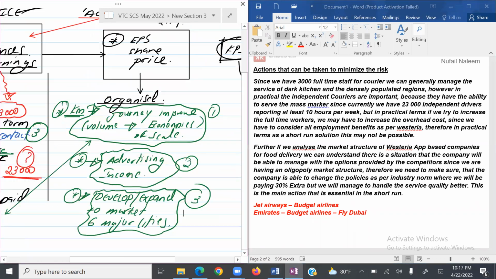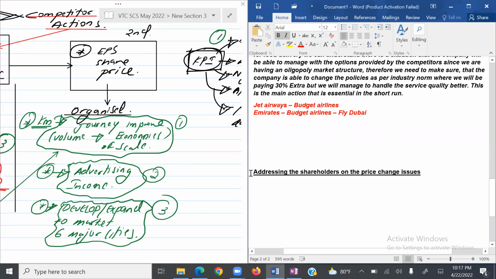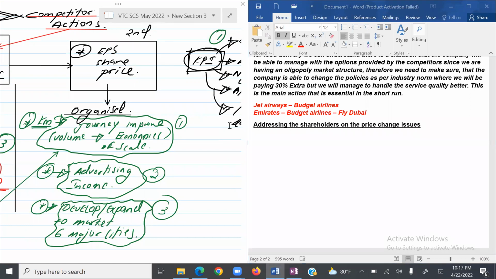So students, the next thing we will do is the connection to the last one, how we are going to address the shareholders. Now we are going to pay 30% more also, so there is a practical aspect as well. Jay, in real life, in corporate, what is the main objective of the management?